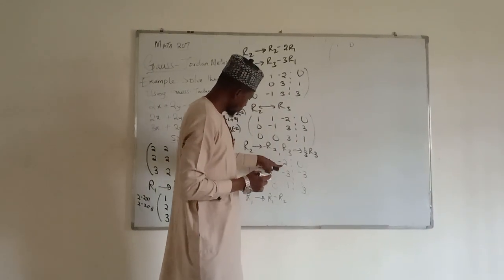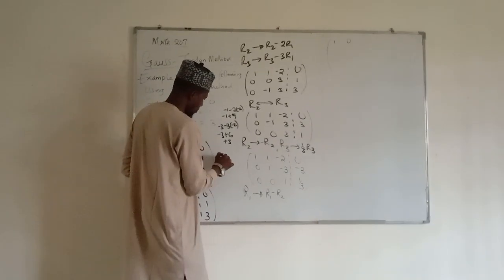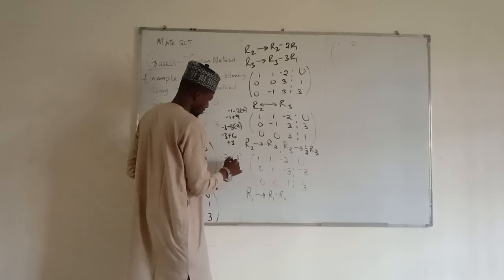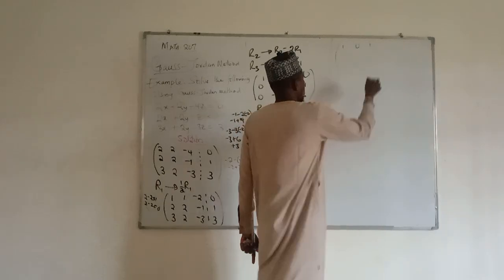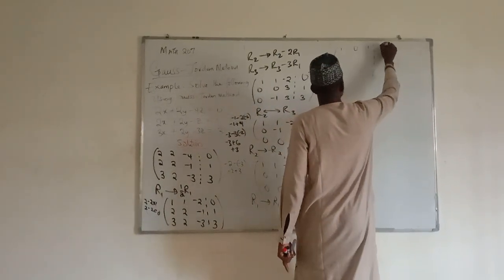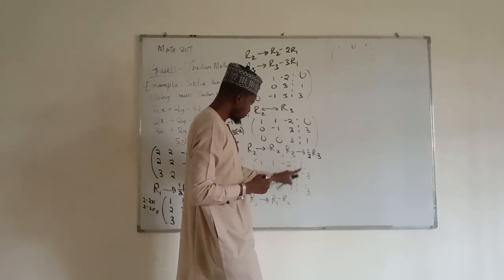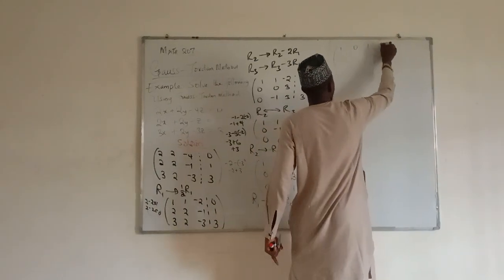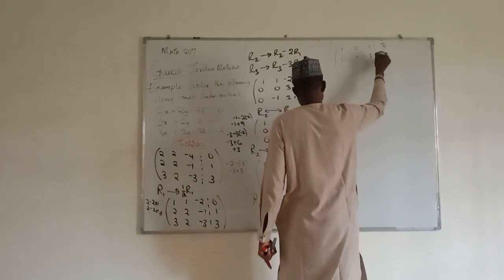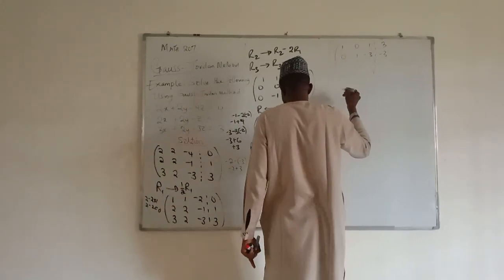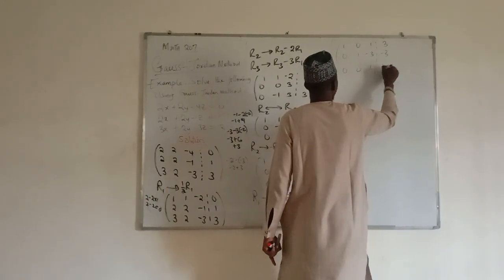And minus 2 minus minus 3 is minus 2 plus 3, which is 1. So this is also 1. Then we have 0, 1, minus 3, minus 3. We have 0, 0, 1, 1 over 3.